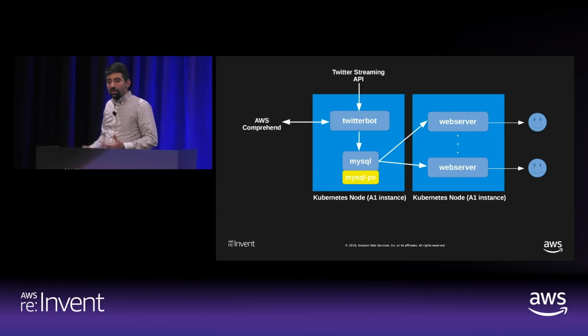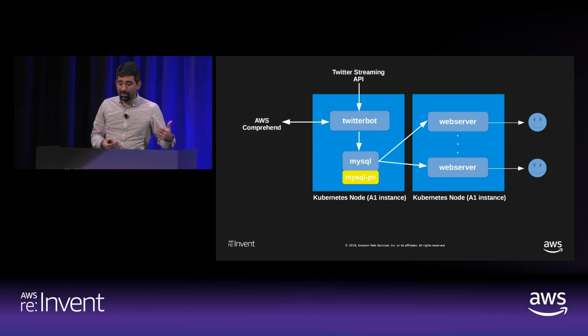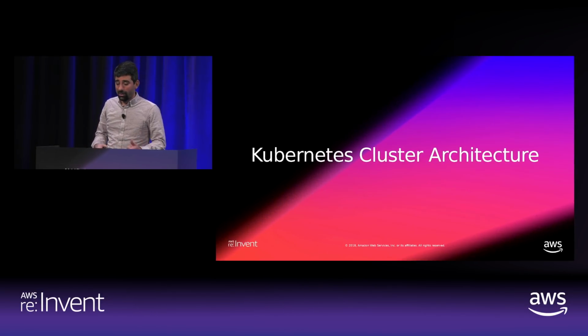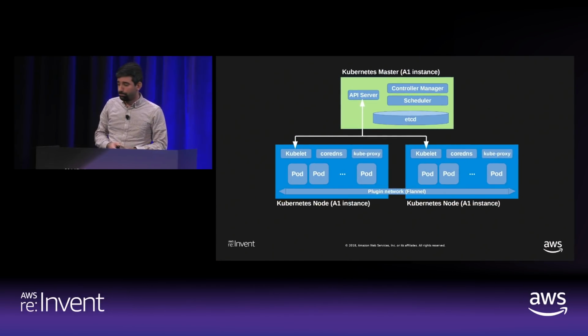So the way this is going to work is from the Twitter streaming API, we're going to get the stream, send it to AWS Comprehend to get some sentiment analysis, put the results in a SQL database, and then have a set of web servers that can query that database and provide the web page to a user.